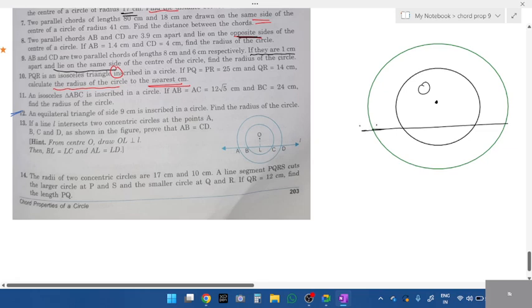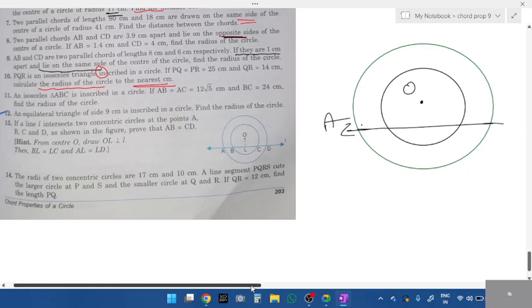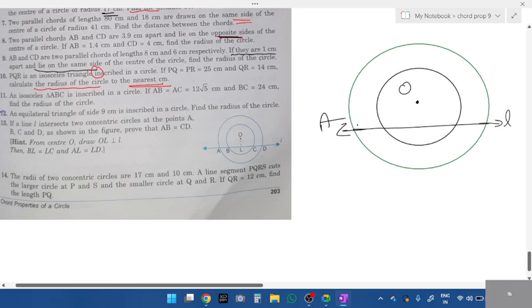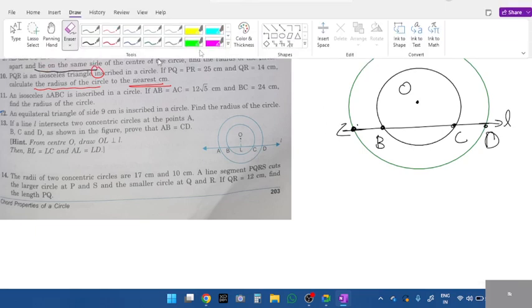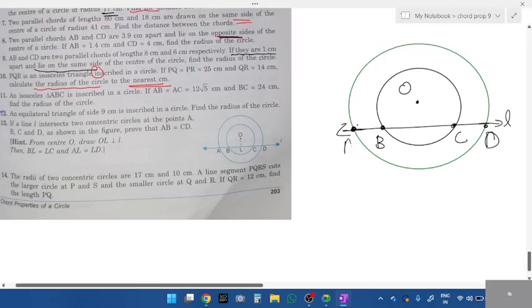You call it a common chord, AD. Then this is A. Wherever the line is touching, the smaller chord has B and C. And the bigger chord is AD, students. AD is the bigger chord, BC is the smaller chord. Remember that.